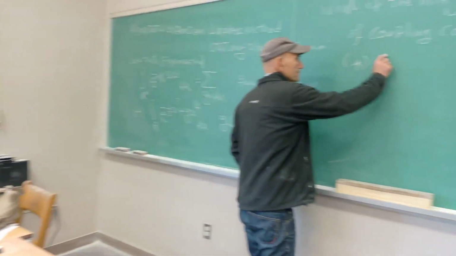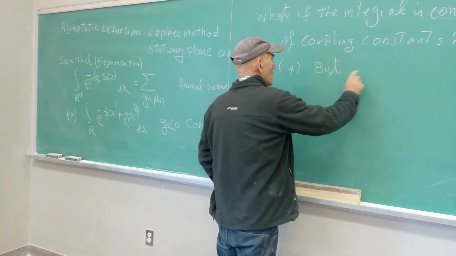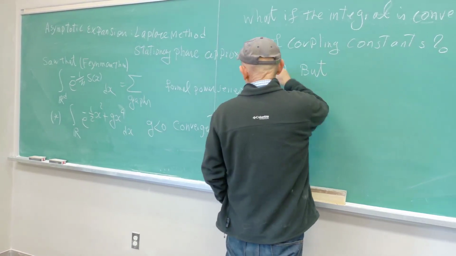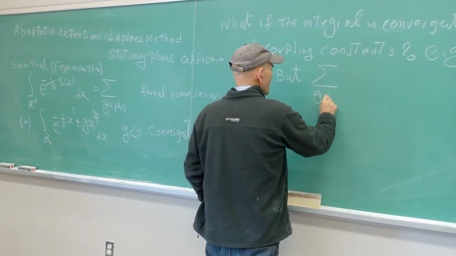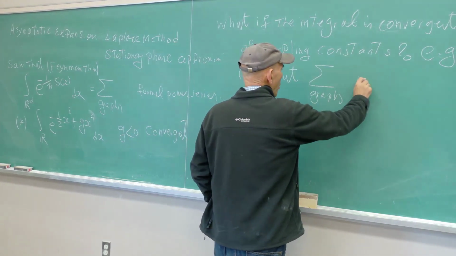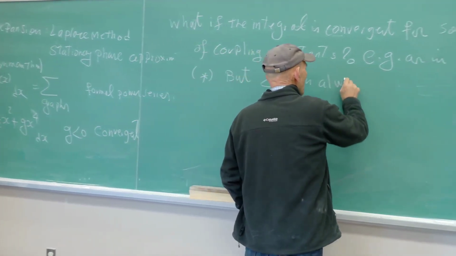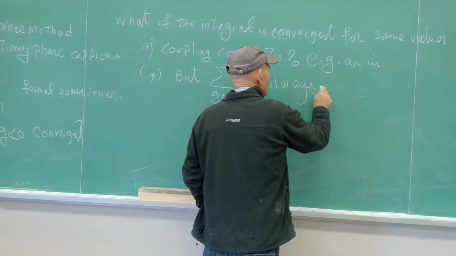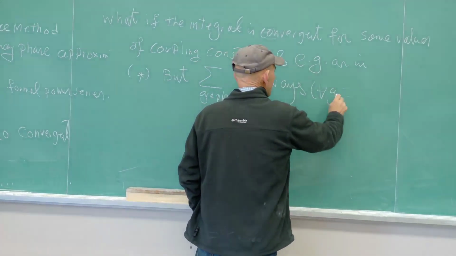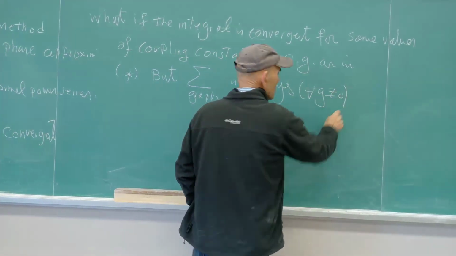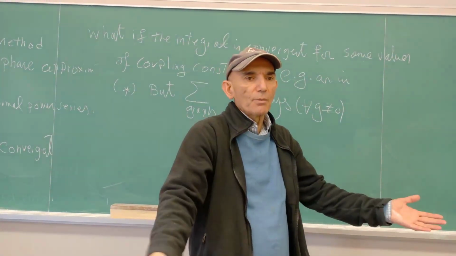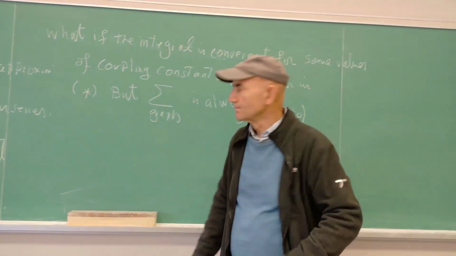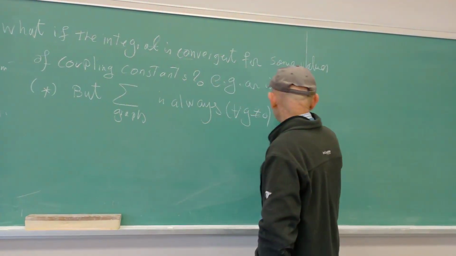But the right-hand side, the sum over graphs, is always divergent, for any g different from 0. Of course, for g equal to 0, you're back to Gaussian, and that's not the problem. But it's always divergent.